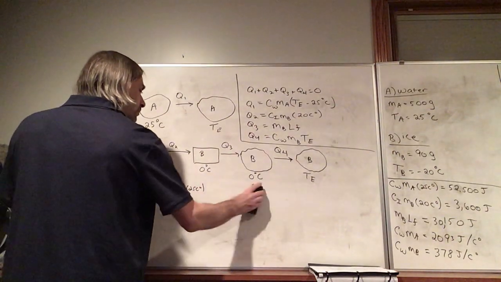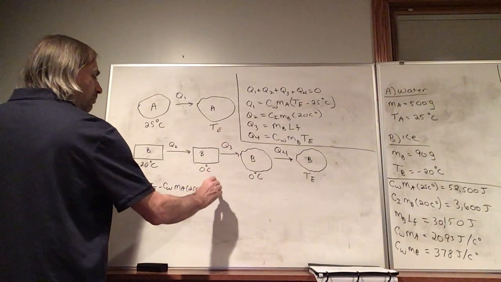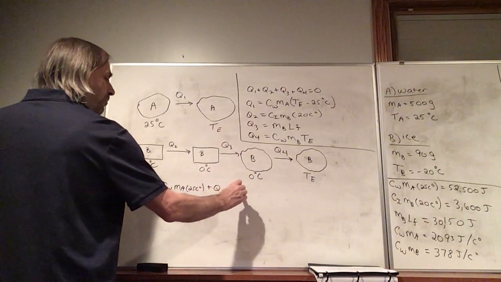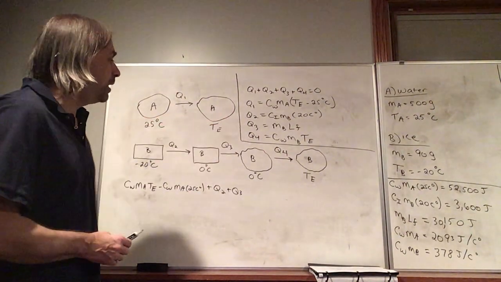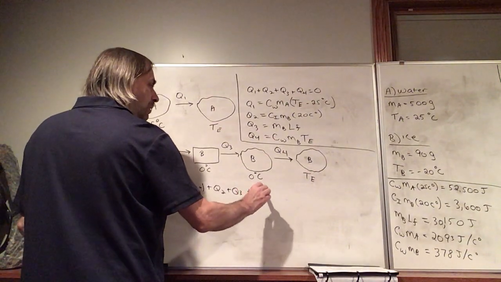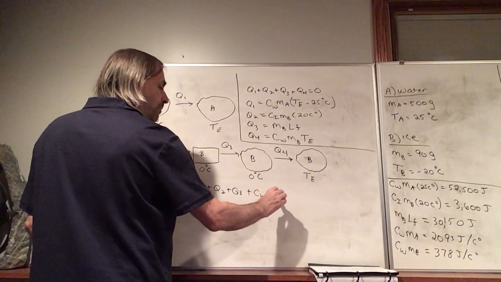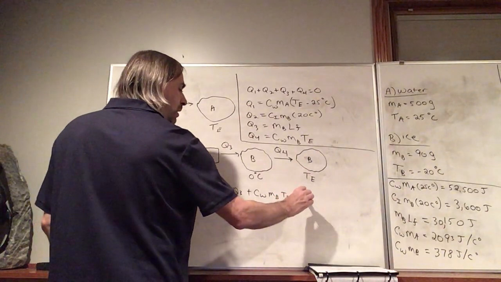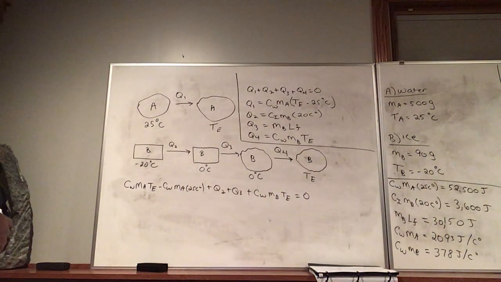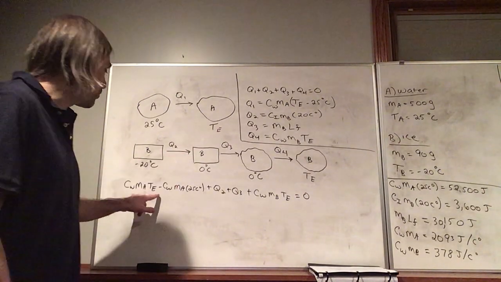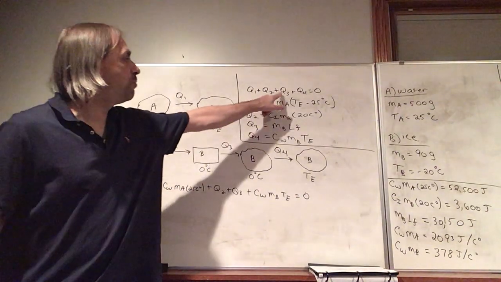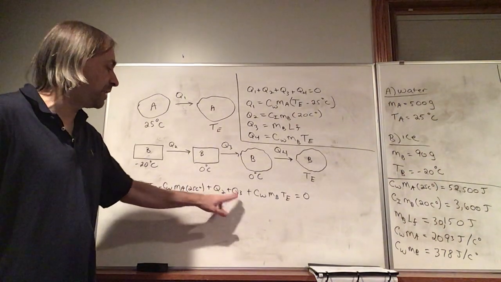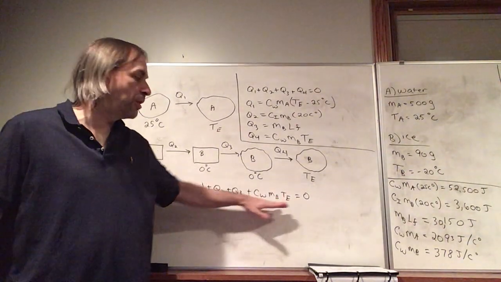I'm going to do this: plus Q2 plus Q3, just to shorten the writing here, because we know what these are. And then plus CW MB times TE. If we add that all up, we should get 0. Okay, so again, Q1, I broke it up into 2 terms, that and that. And then Q2 plus Q3, I just left those just to save room on the writing. And then Q4, we don't know what that is.